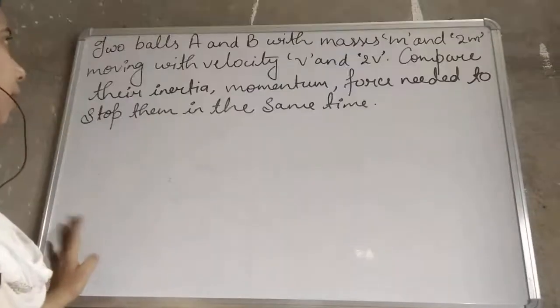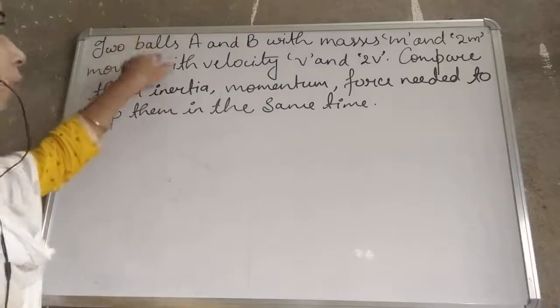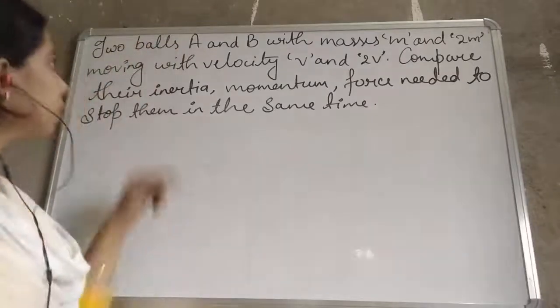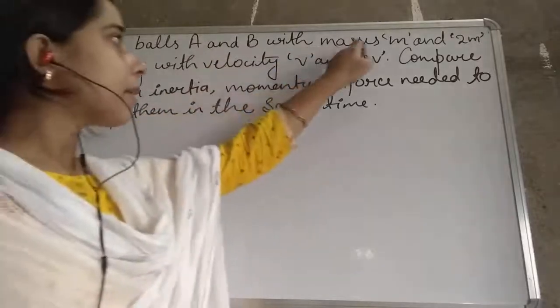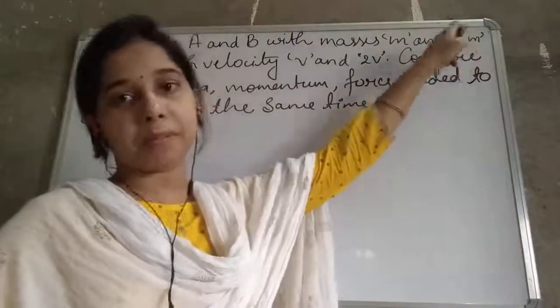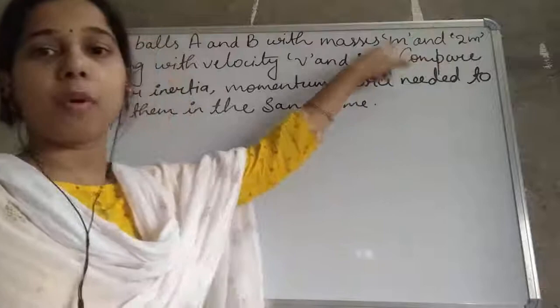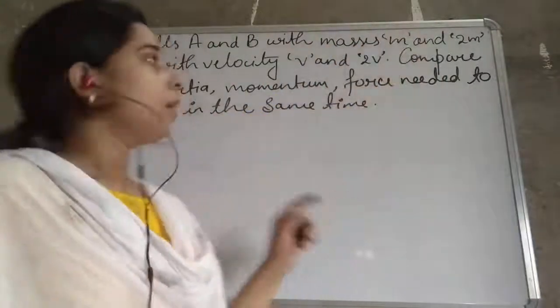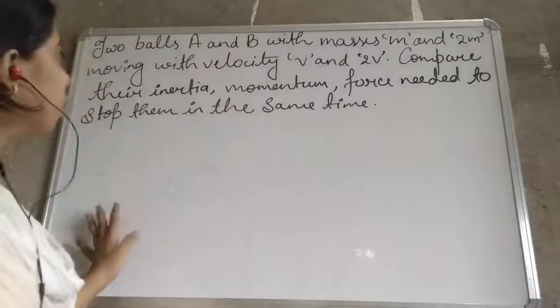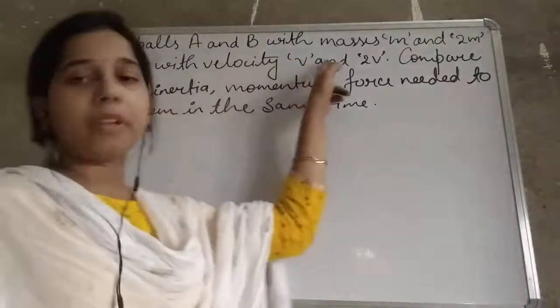See here student, the next question. Two balls are there, A and B, having masses m and 2m respectively. It means the mass of body A is m and body B is 2m, and they are in motion with velocities V and 2v.